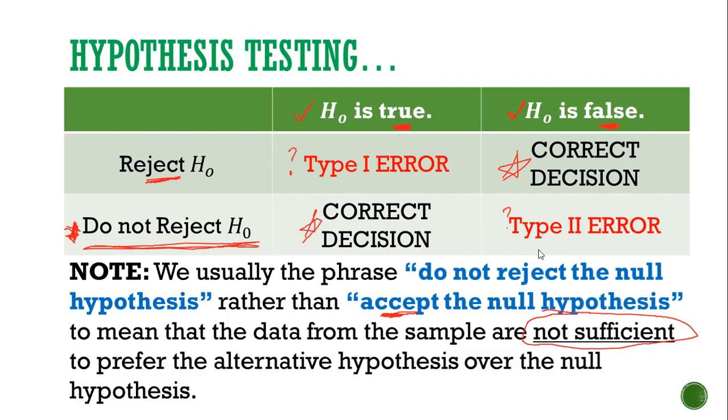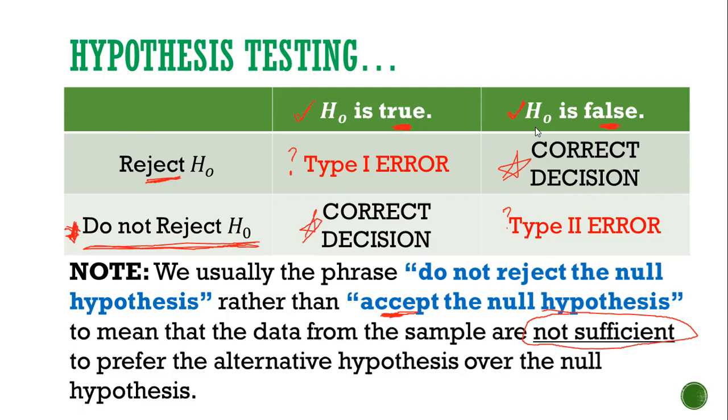Kaya, if you rejected a true null hypothesis, it's called your type 1 error. If you did not reject a false null hypothesis, it is called your type 2 error.